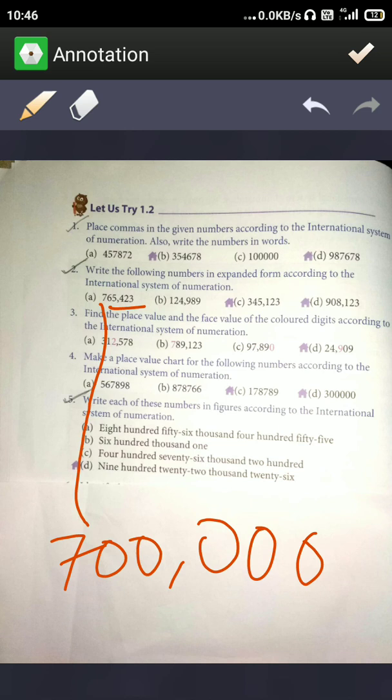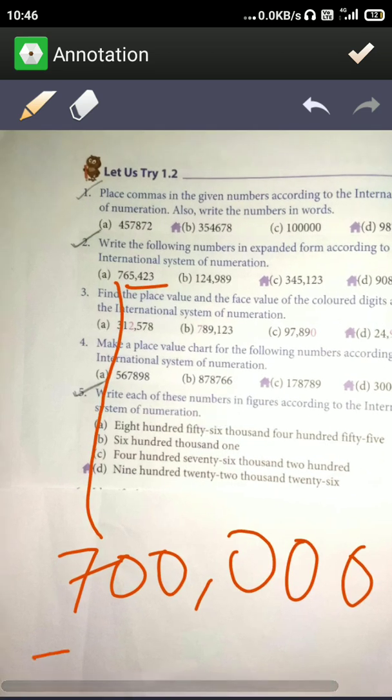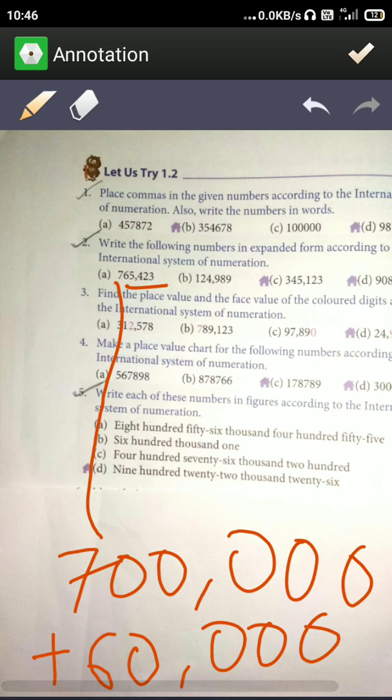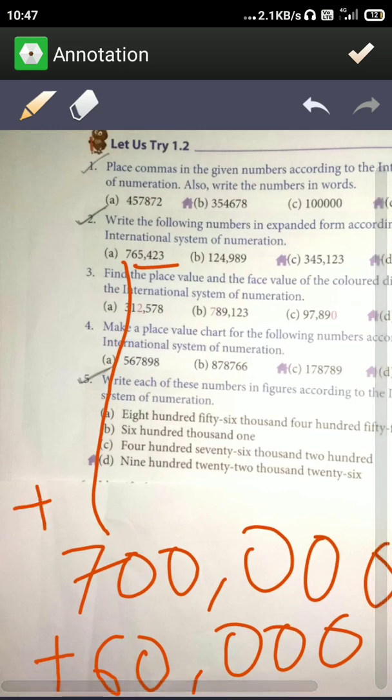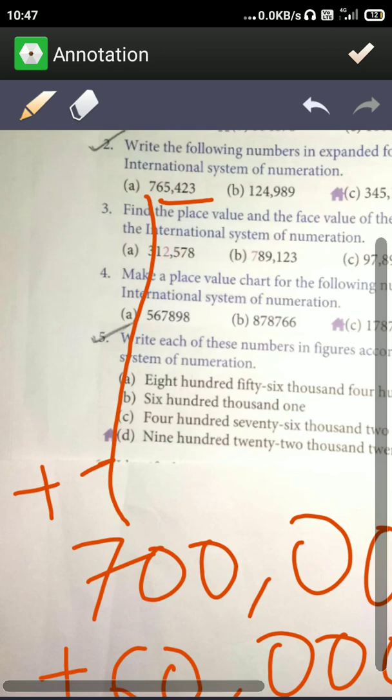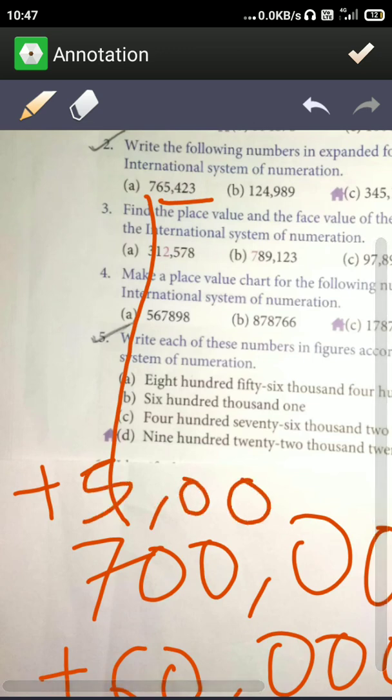Then what is the place value of 6? It is 60,000. What is the place value of 5? Okay, there is no space here. I am writing it here. Place value of 5 is 5,000.